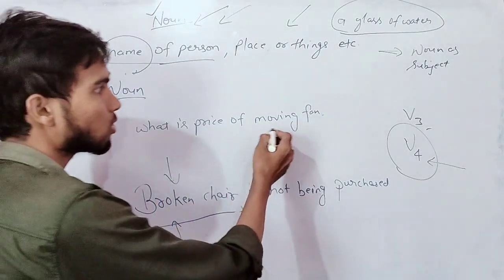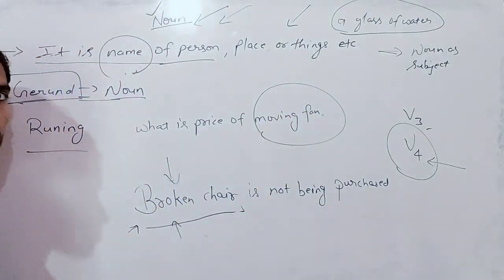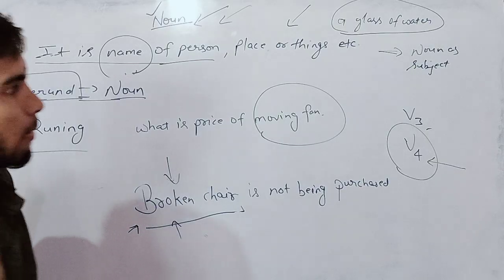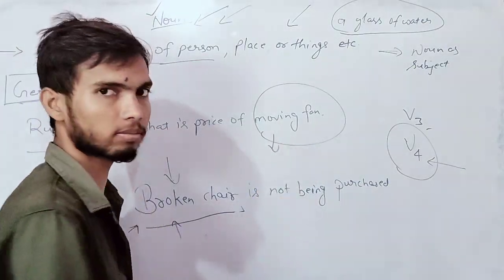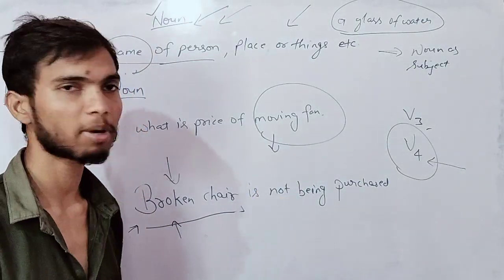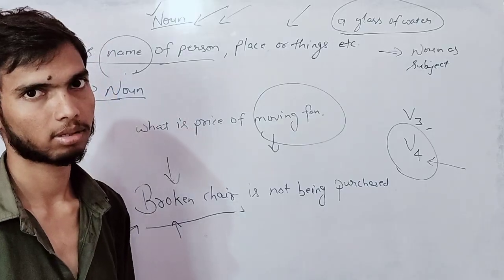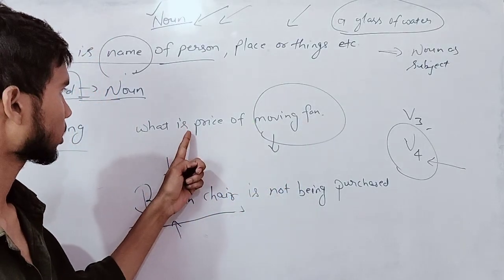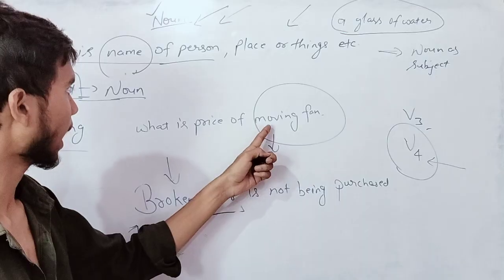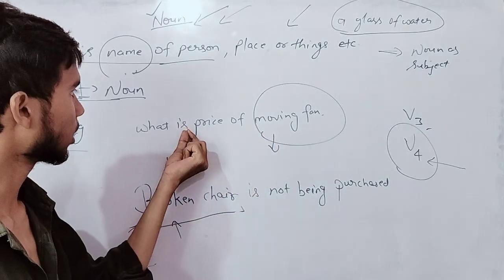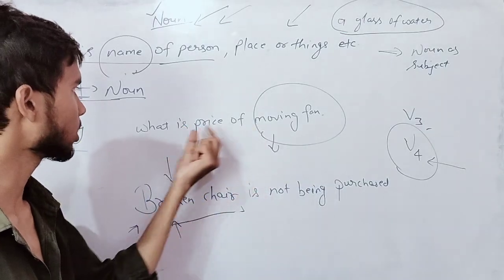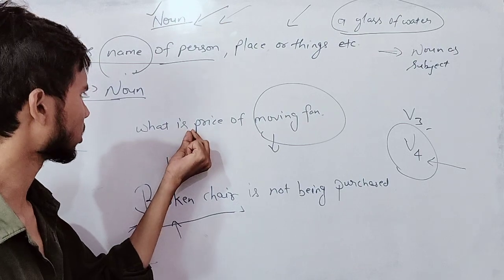Here, what is the price of a moving fan? Here, moving is not a verb. It is not performing as a verb in this sentence, because it should have come here.